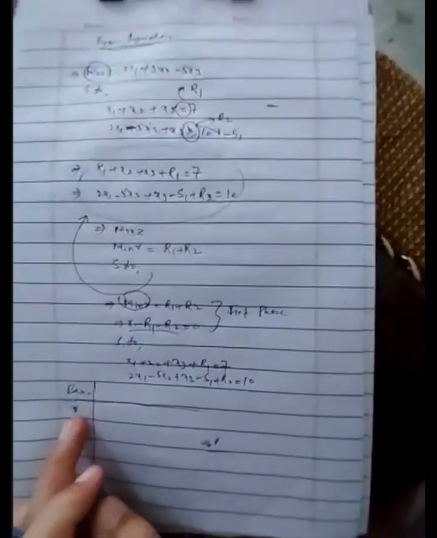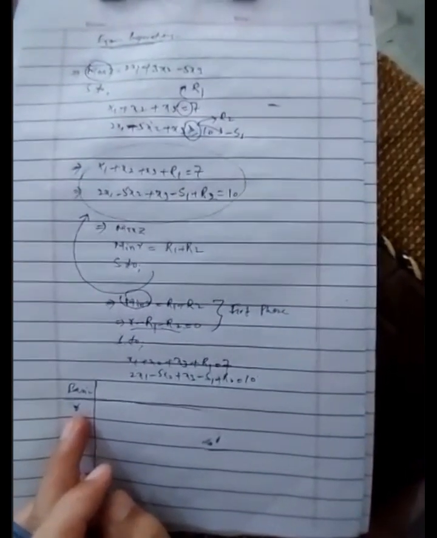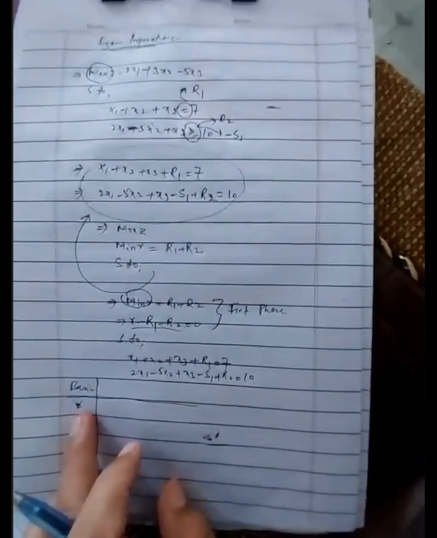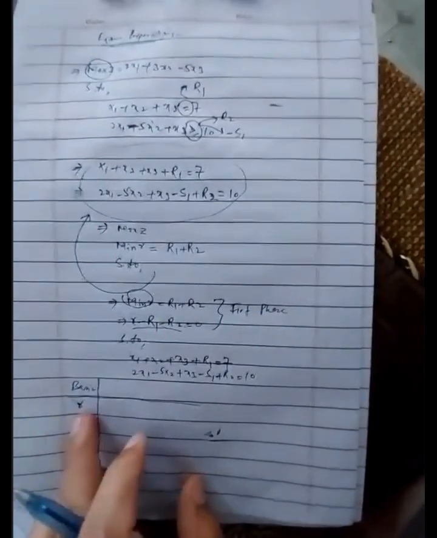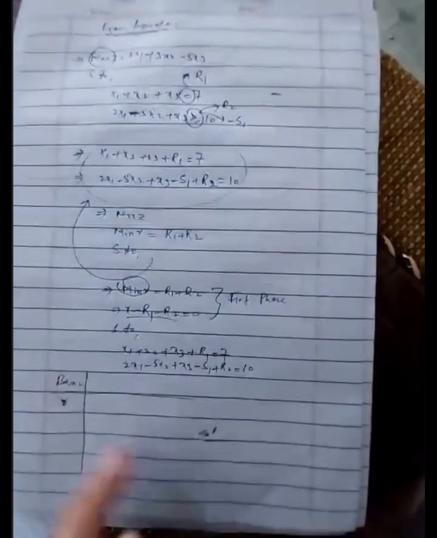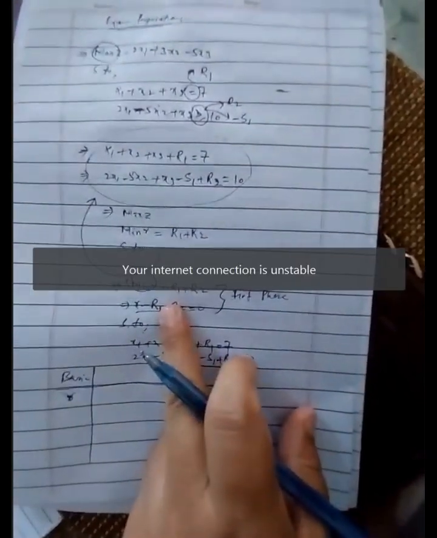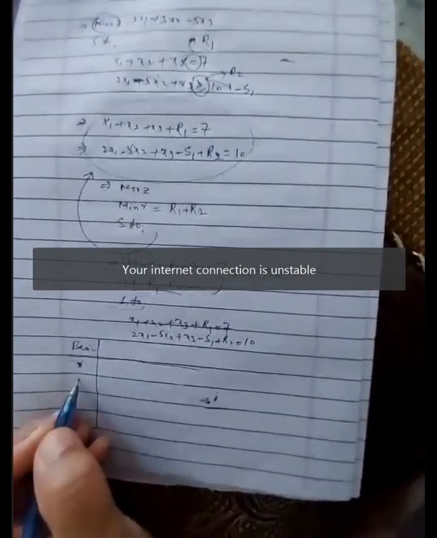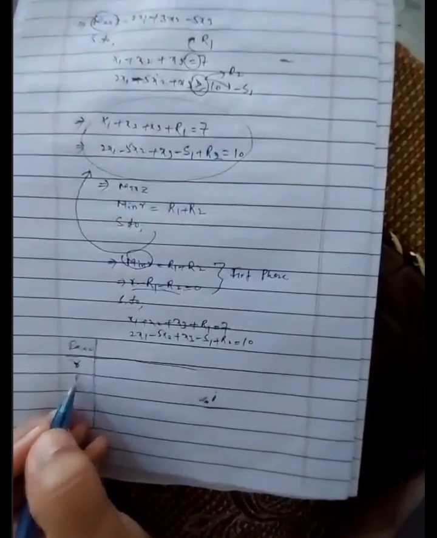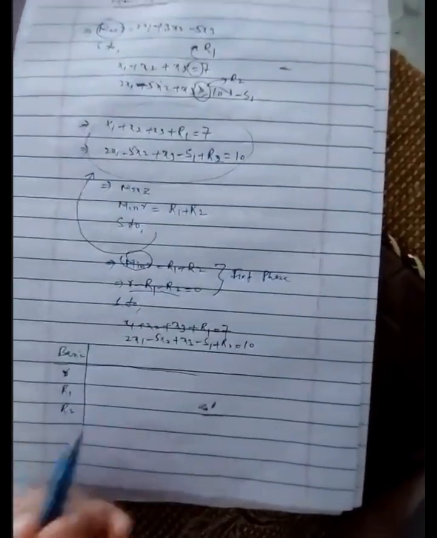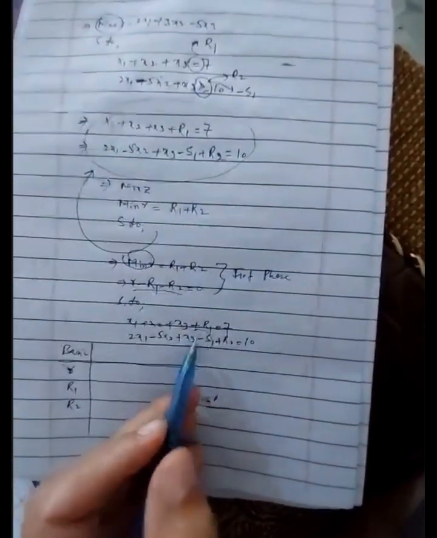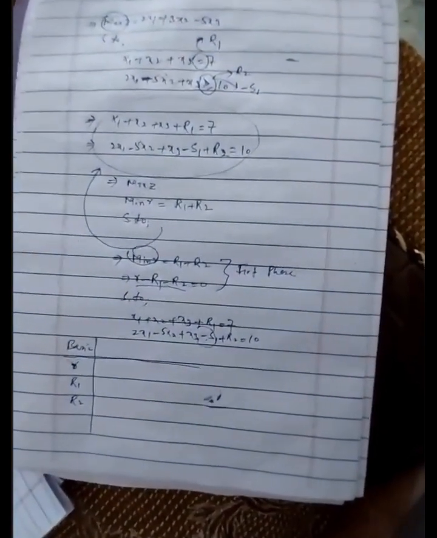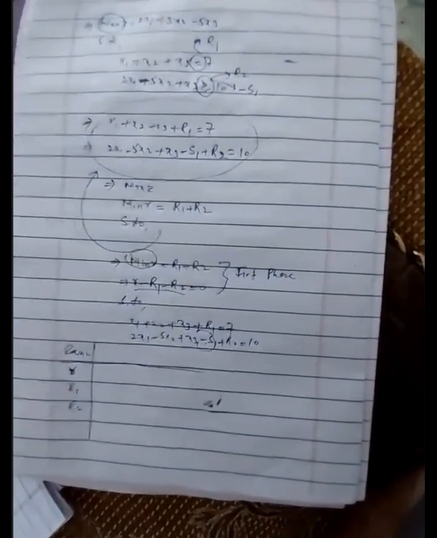I will solve it for R. Here we used to write Z, but here we will write R because we have the minimization function in R. Now the other basic variables are R1 and R2. As S1 is the surplus variable, we do not consider it, just like we do for the big M method or the simplex method.